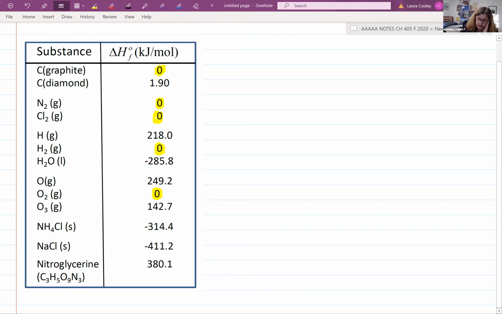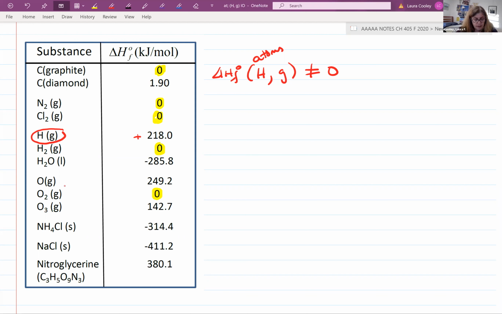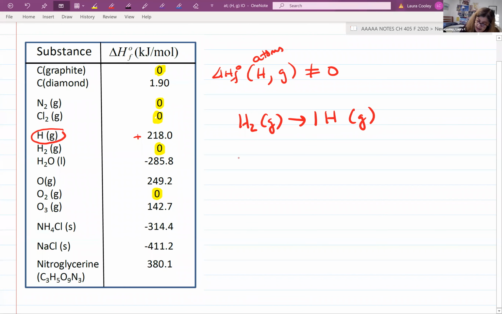But notice that the delta H_f^0 for hydrogen atoms is not equal to 0. And notice that it is positive. So what process are we talking about here? The standard enthalpy of formation is the enthalpy change for forming 1 mole of hydrogen atoms from the elements that comprise it in their stable form, which is 1/2 H2 gas.